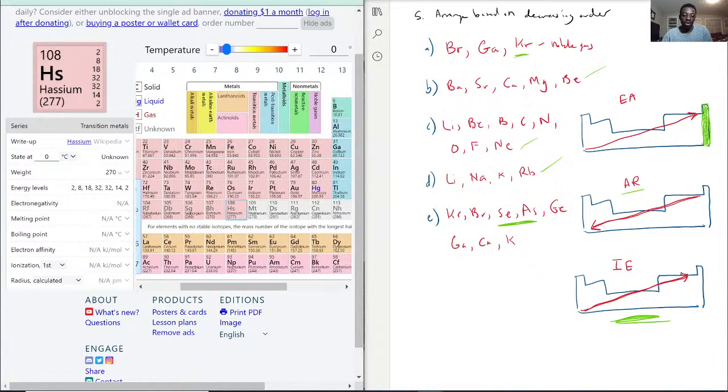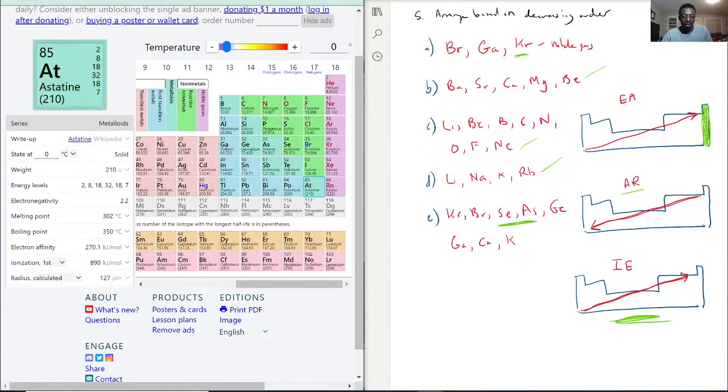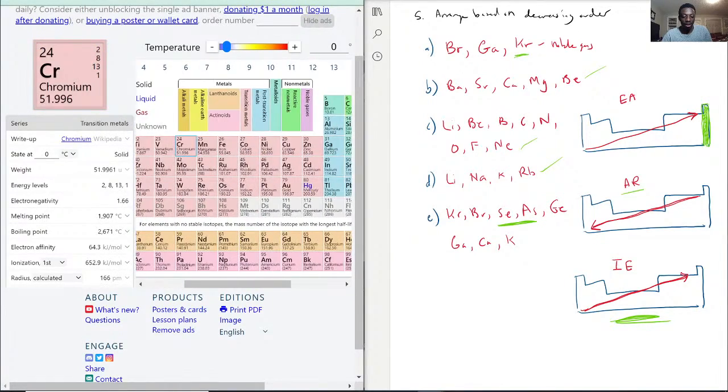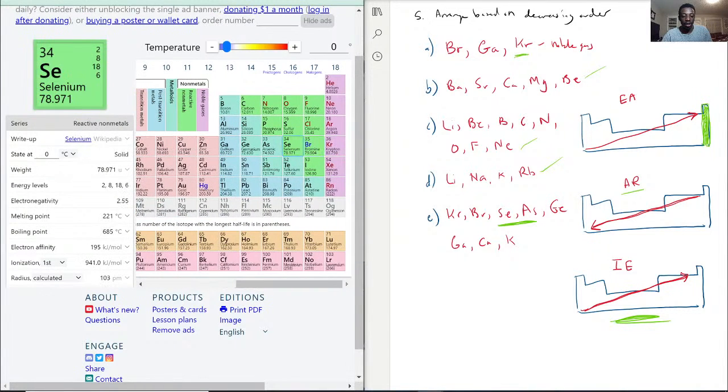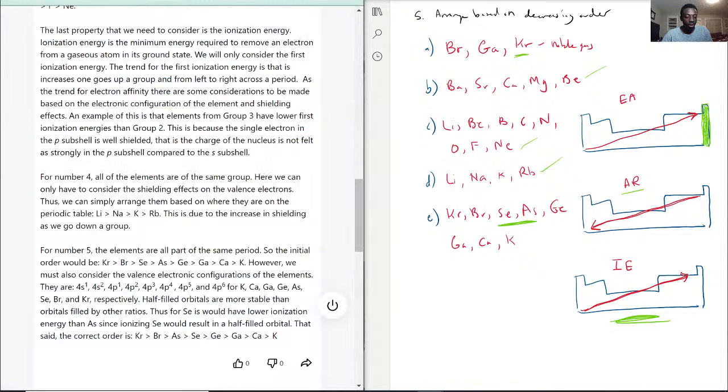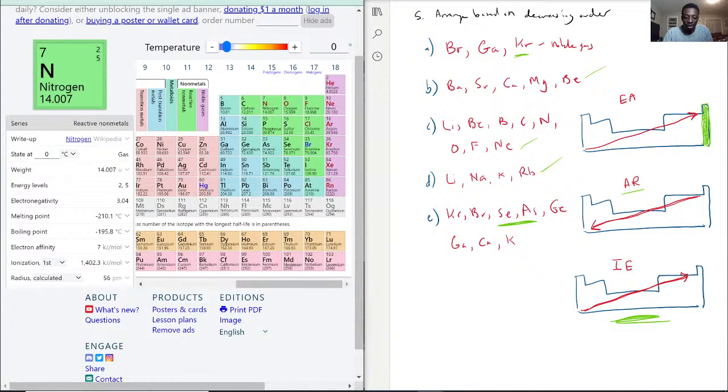If you compare selenium, Se, right here, versus arsenic, if we wrote down its full valence shell starting from argon, arsenic would be 4s2 3d10 4p3, and selenium would be the same with argon, but 4s2 3d10 4p4.